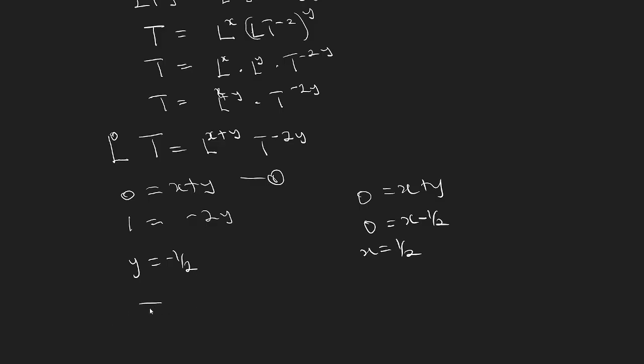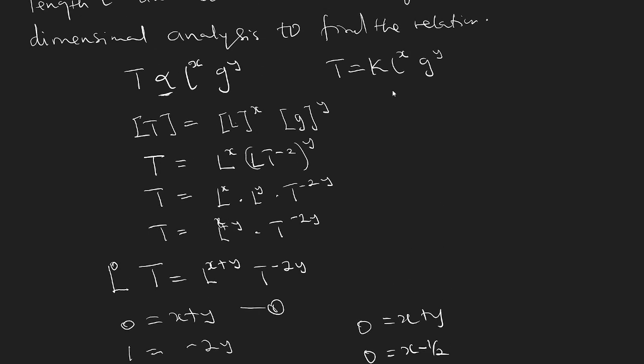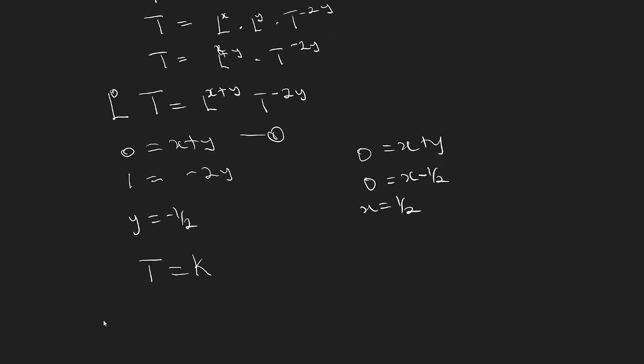So we can easily write T equals k, without a dimension. So the k is back. The dimensional analysis helped us to find the values of these exponents. So x is 1 on 2, then we have g exponent negative 1 on 2.